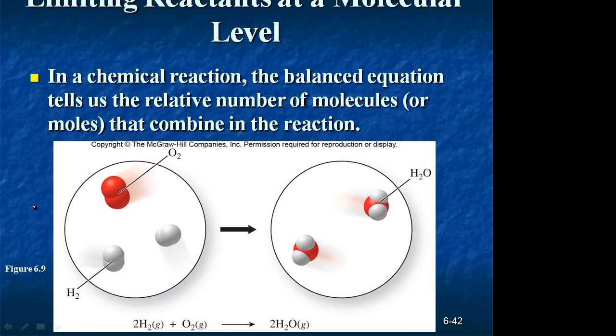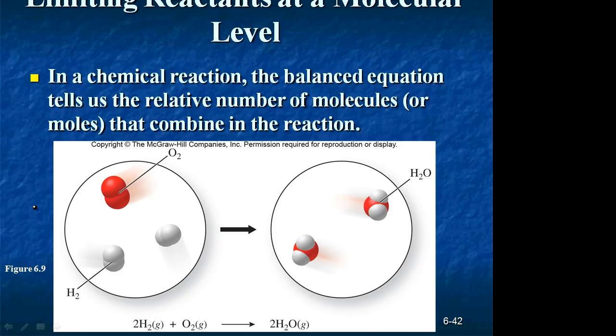Here is a simple chemical reaction which we have seen many times before, formation of water. We have the balanced equation at the bottom and the picture also. So we know that this is 2H2 plus O2 gives 2H2O, right? The picture also shows 2 hydrogen molecules and 1 oxygen molecule as the reactants, and then the products.